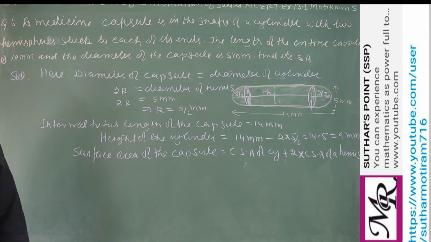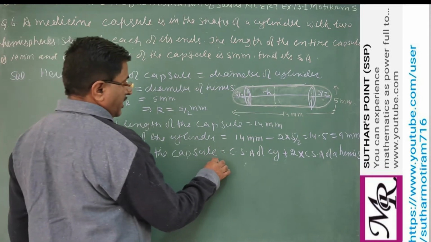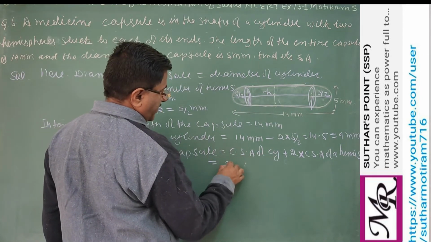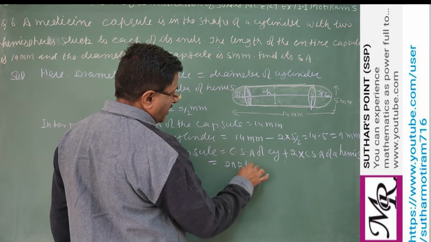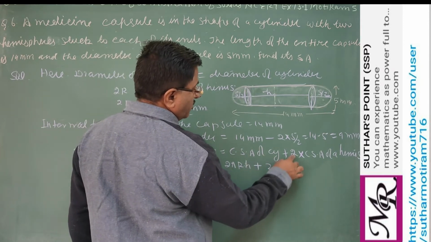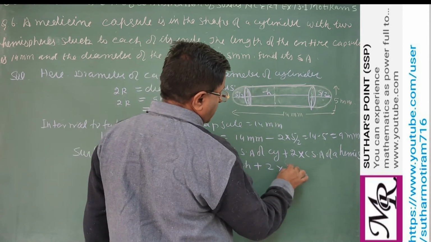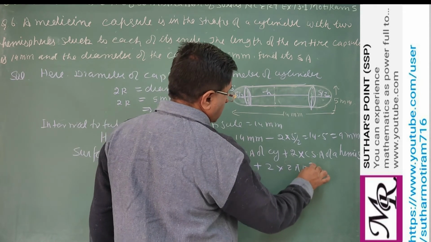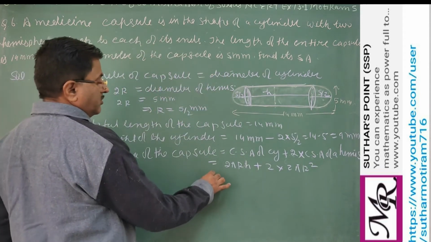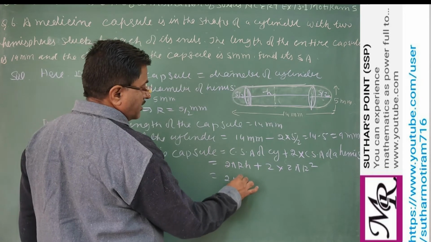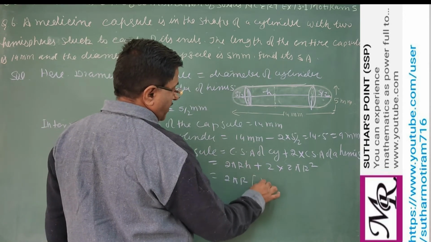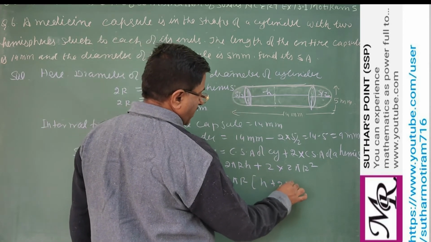Now we put the formula. As you know, the curved surface area of a cylinder is 2 pi r h. 2 into the curved surface area of a hemisphere is 2 pi r square. So you may take common 2 pi r. So here is left h plus 2r.